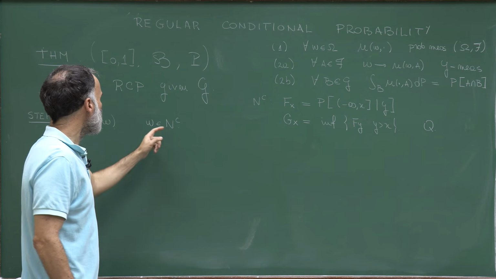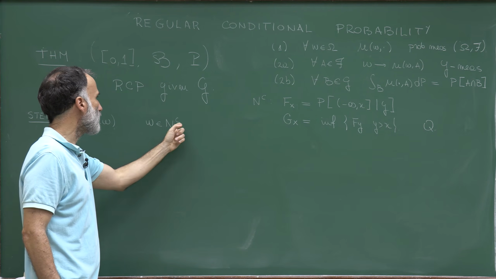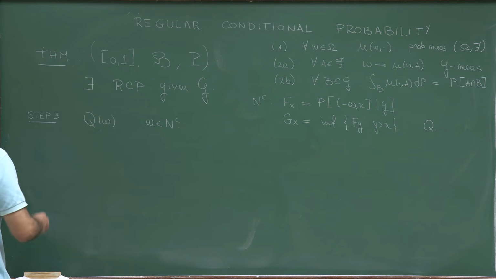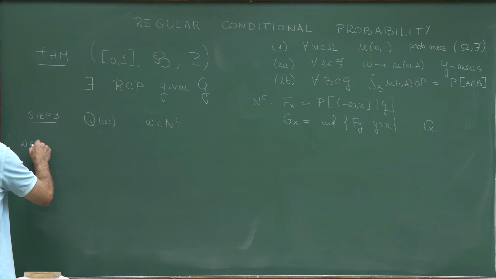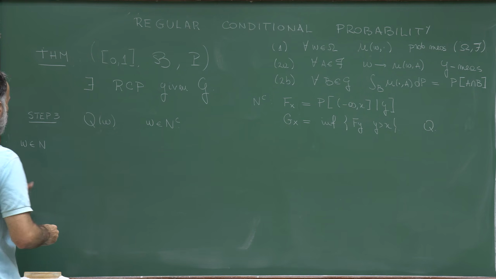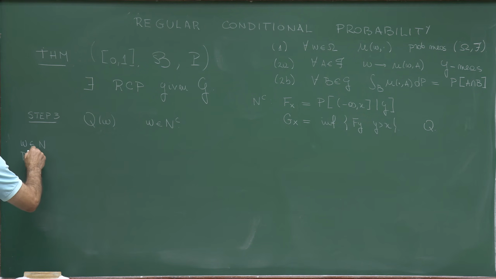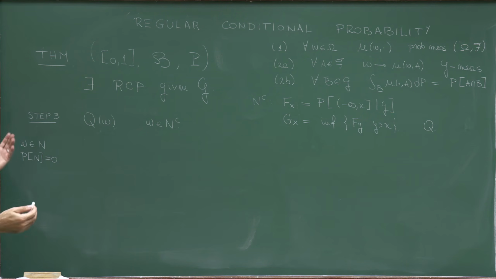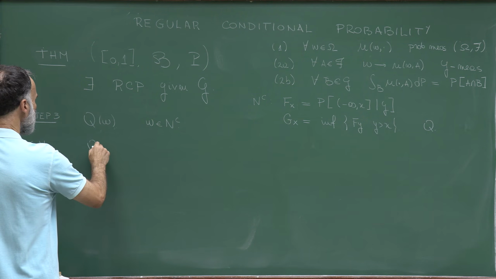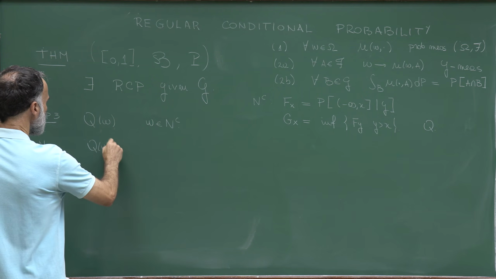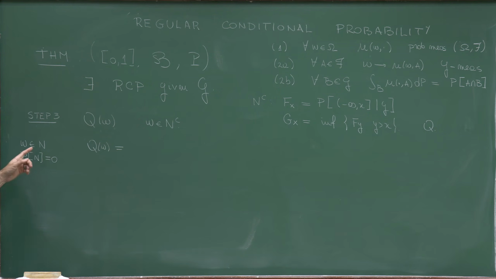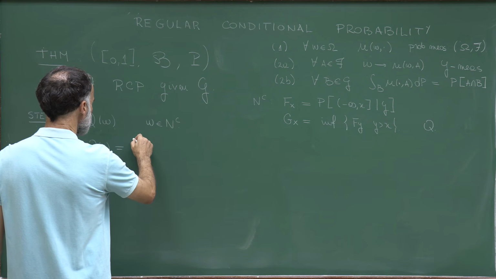Of course, for the moment, Q is only defined in N complement, so let me take ω in N, and this is a set of measure 0. So in this set of measure 0, I will define Q in any way. So maybe Q(ω), if ω belongs to the set N, will be just the Lebesgue measure.